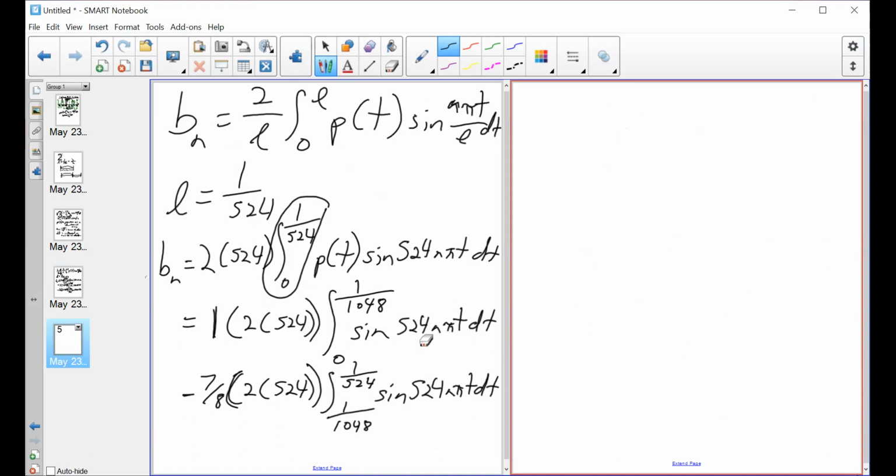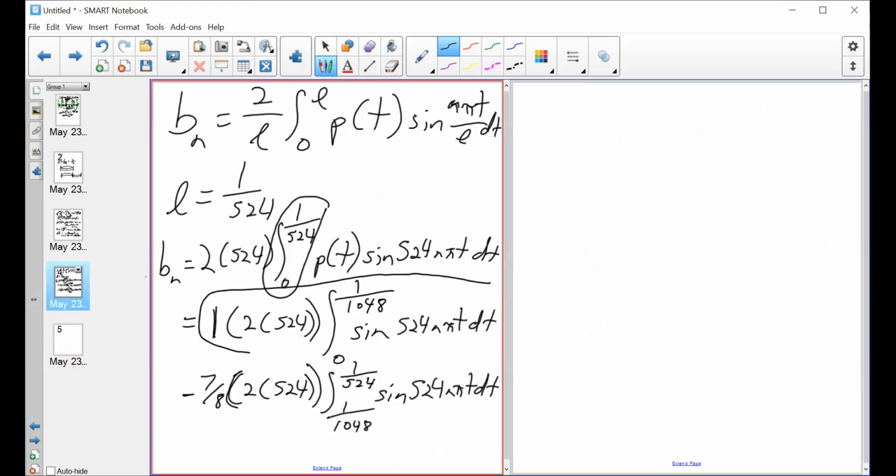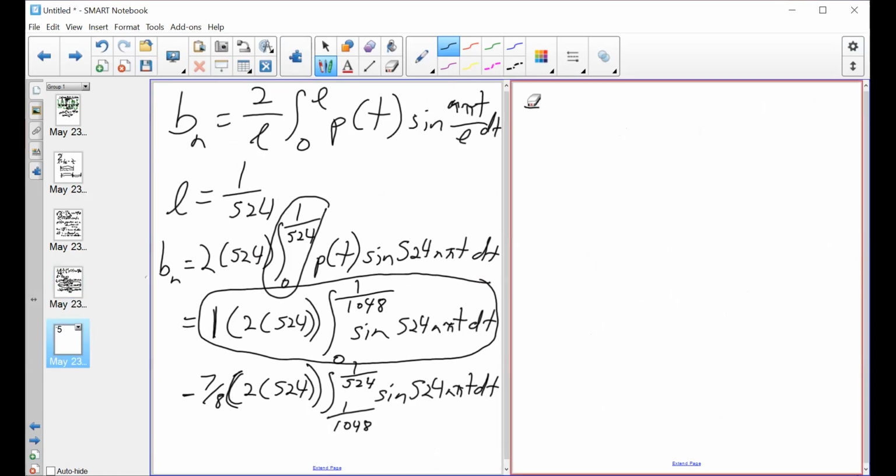Okay, I'm gonna take the first piece, this guy up top. I'm going to integrate all of this. So that is going to equal 1048, 2 times 524 times 1, 1048.